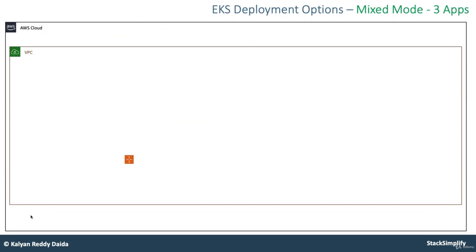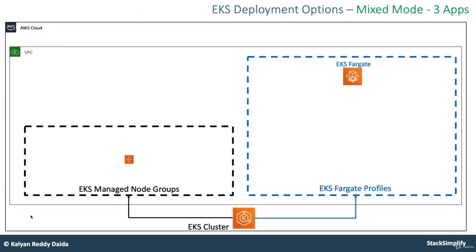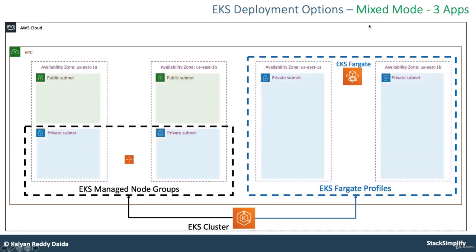So in AWS Cloud, we have a VPC, and inside the VPC, we are going to have both the EKS managed node groups and EKS Fargate profiles. So in an EKS cluster, we are going to have both Fargate profiles and managed node groups together. That is what we call mixed mode, right? As usual, we'll have our availability zones and subnets. From a Fargate perspective, it only supports private subnets.